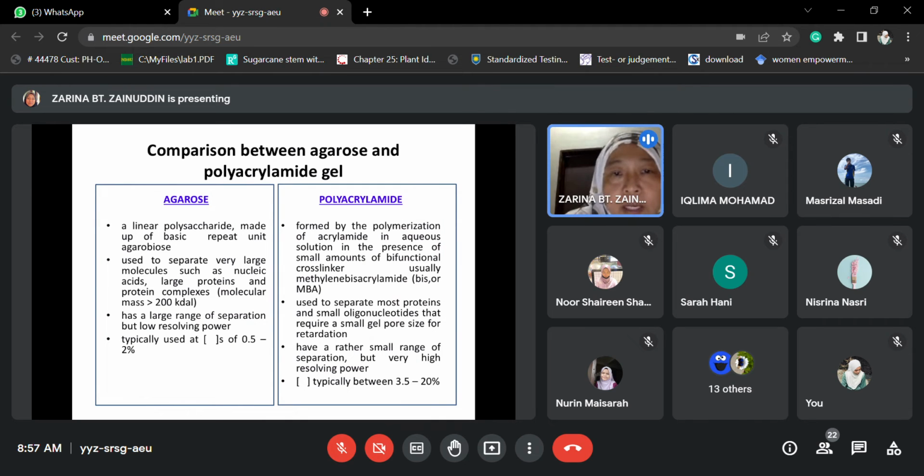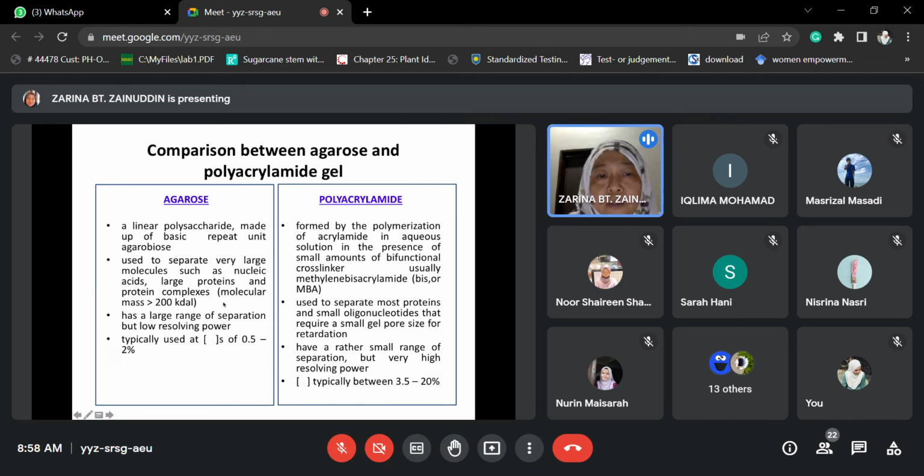Agarose is made up of the basic unit agarobiose, while polyacrylamide consists of polymerization between acrylamide and bisacrylamide. Agarose is used to separate very large molecules, for example nucleic acid, large protein and protein complexes, but polyacrylamide is mostly used to separate most proteins.